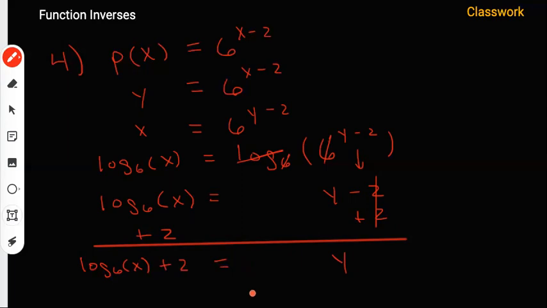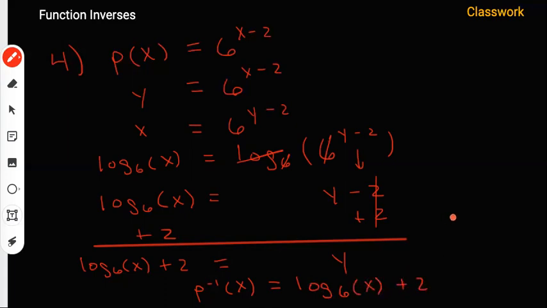That's going to be my inverse function. And to show that it's the inverse of P of X, I need P inverse of X. So that's going to be P inverse of X. That's not P raised to the negative 1 power. That's actually the inverse notation. And it's going to be equal to log base 6 of X plus 2.